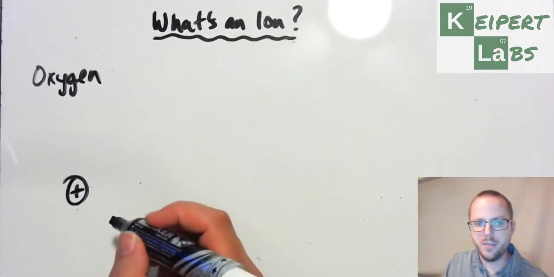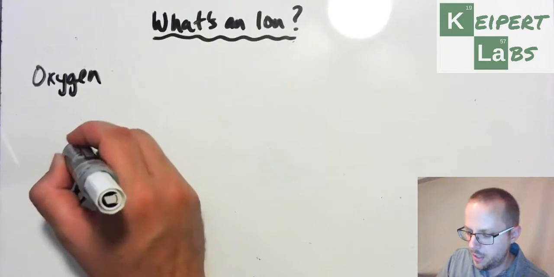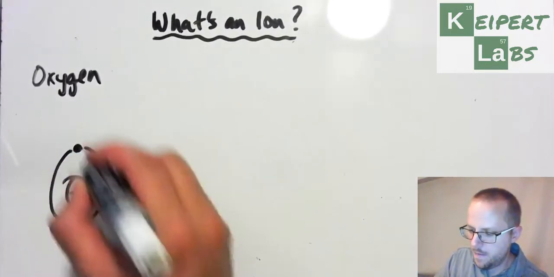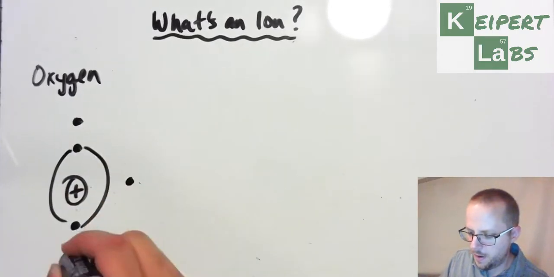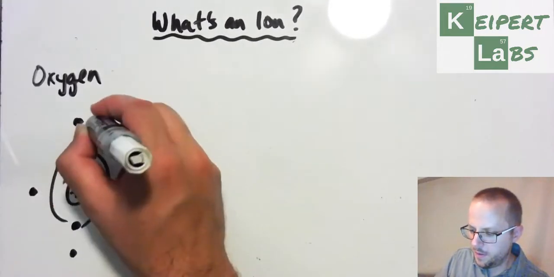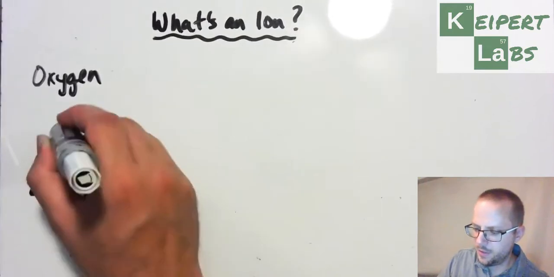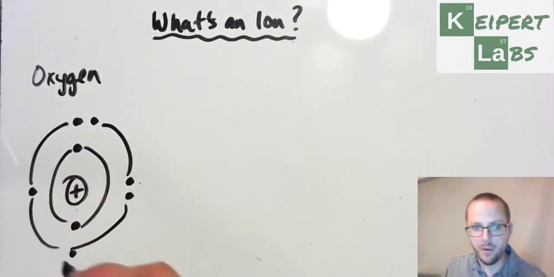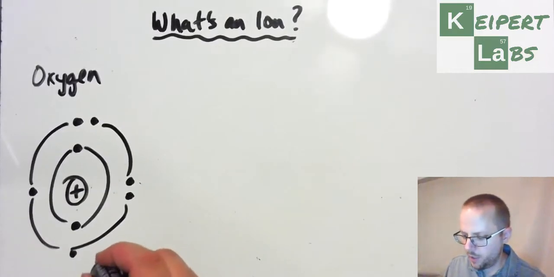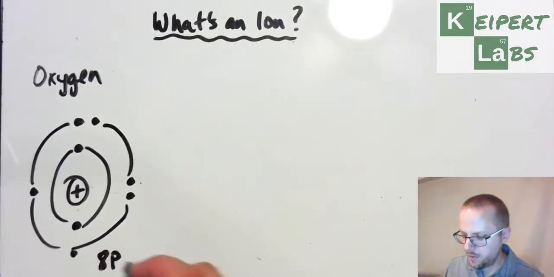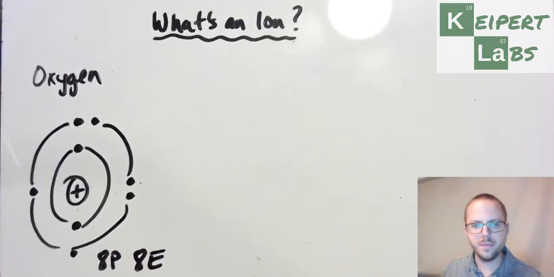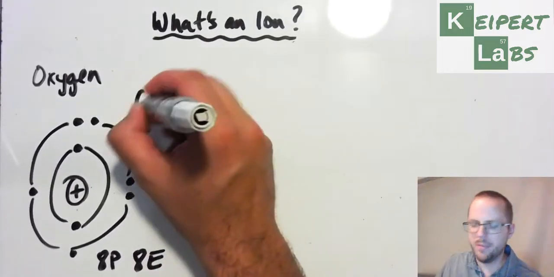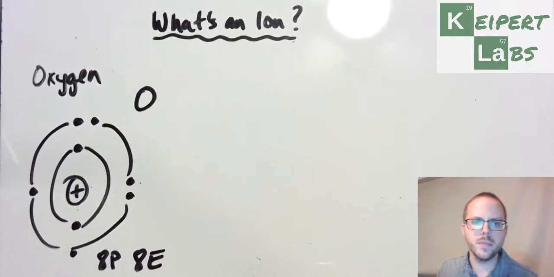We've got our positive nucleus in the middle, and 1, 2, 3, 4, 5, 6, 7, 8 electrons going around the outside. So we've got 8 protons and 8 electrons, an exactly even number of each, and it has the symbol O, capital O.